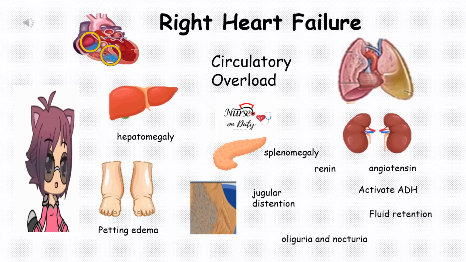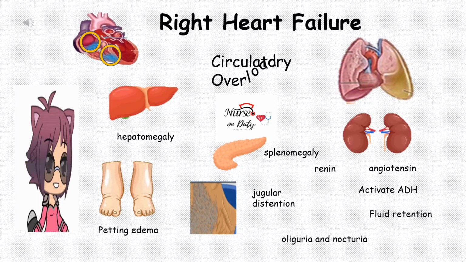So, ibig sabihin, hindi ma-accommodate ang lahat ng blood coming from the different parts of the body, which is the unoxygenated blood. So, kung hindi ma-accommodate yung lahat ng blood, it will stay or build up in the veins, which leads to increased central venous pressure.